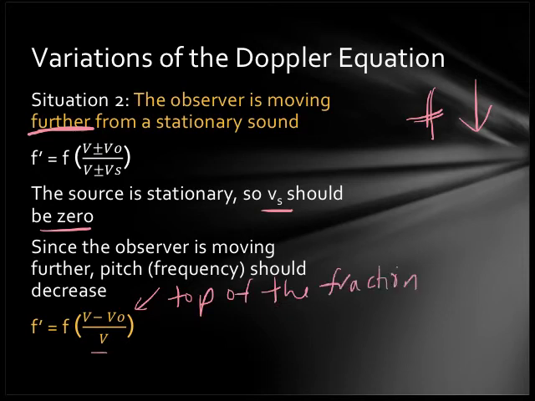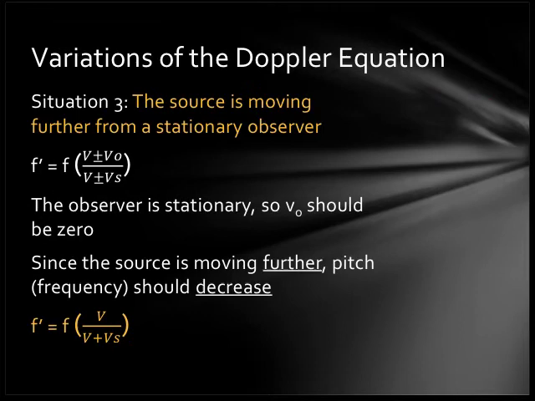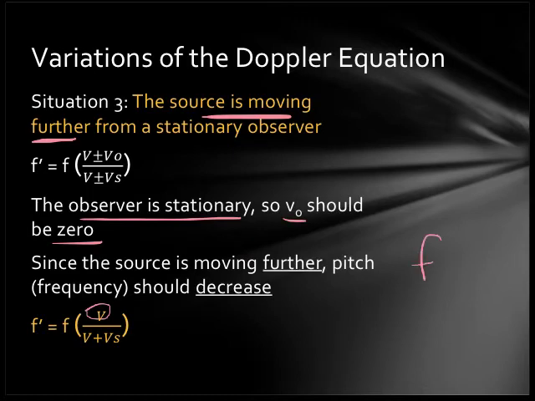Things get a little different when the source is moving. So, situation 3, our source is moving further from a stationary observer. So now our observer is stationary, so VO is going to be 0. So we'll have just V on the top. And then since the source is moving further away, frequency must go down.